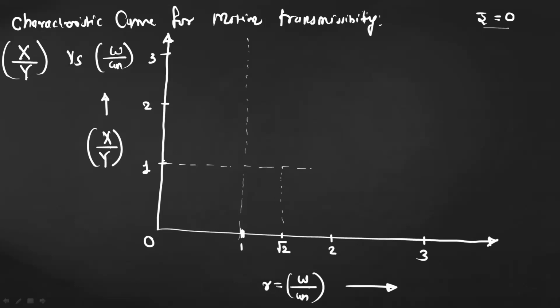The graph will start from one value. By selecting zeta as 0, and changing the frequency from 0 up to the natural frequency, the graph will increase like this. At the natural frequency, that is called the resonant condition, it will become infinite. After that, it will start decreasing.